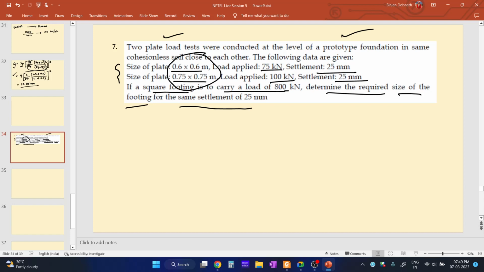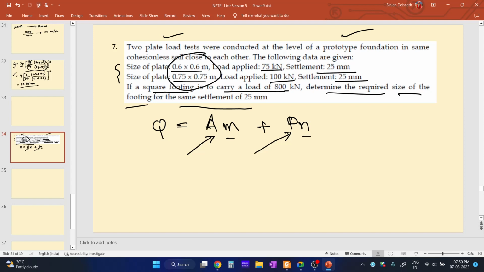So in such problem, the load that is acting, Q, can be written as AM plus PN. A is the area of the footing, P is the perimeter of the footing, and M and N are constants.